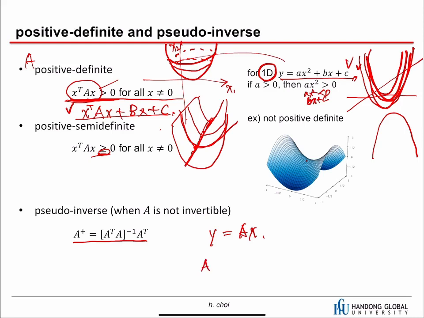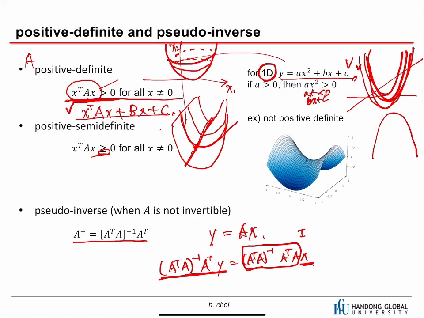We multiply A transpose y is A transpose A x, and we multiply A transpose A inverse. If A transpose A is invertible, then we can cancel these out. So this one is just the identity matrix. Then we have this one times y is just x.